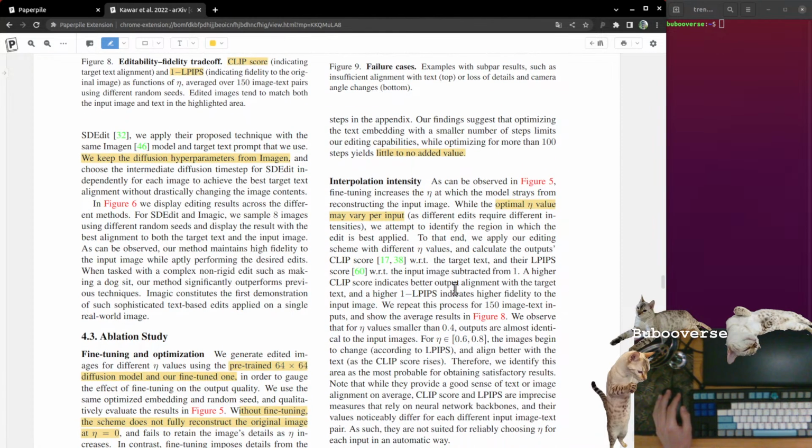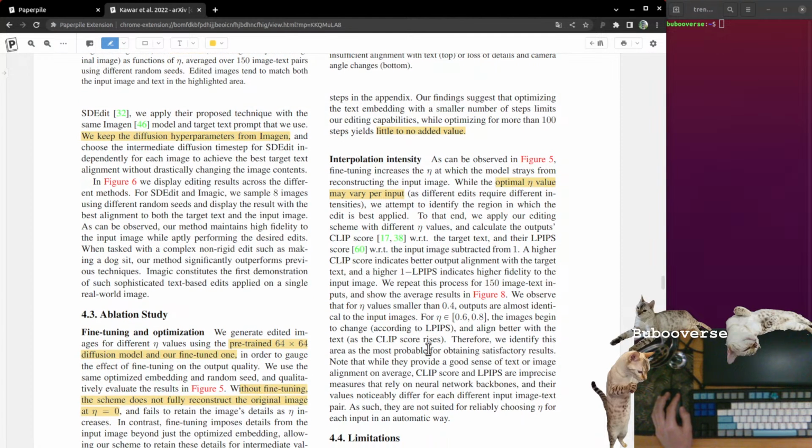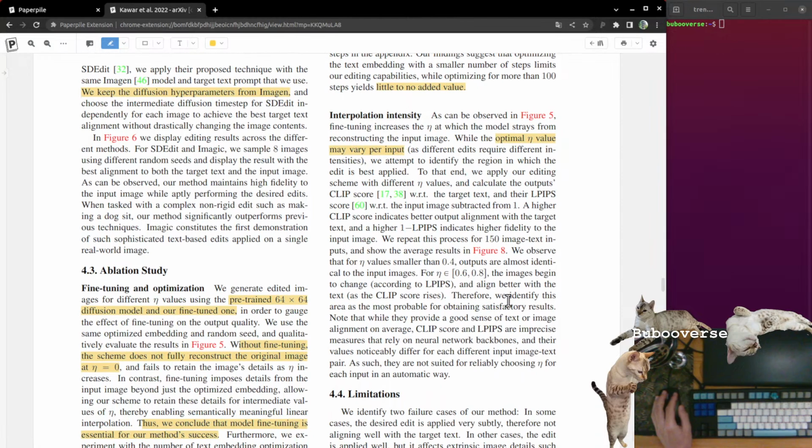They're basically looking at the crossing point and picking the spot there. Again, that's the optimal range. Yeah, so I mean, they do say these scores are really arbitrary, so take it with a grain of salt.